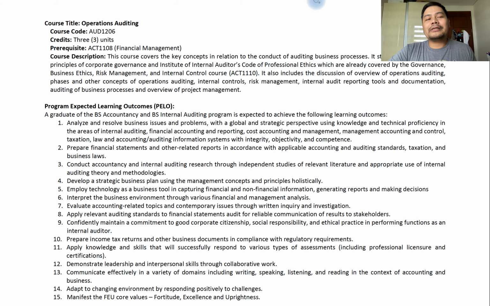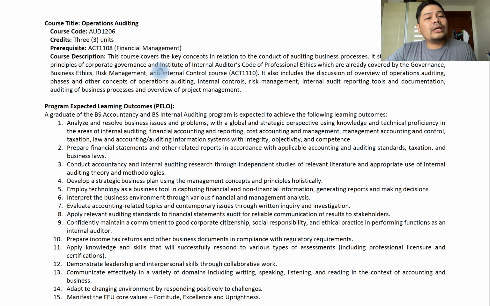So, for this course, our course title is Operations Auditing. Our course code is AUD 1206 or OD 1206. In your curriculum, it has a 3-unit credit, and its prerequisite is Act 1108 or your financial management.